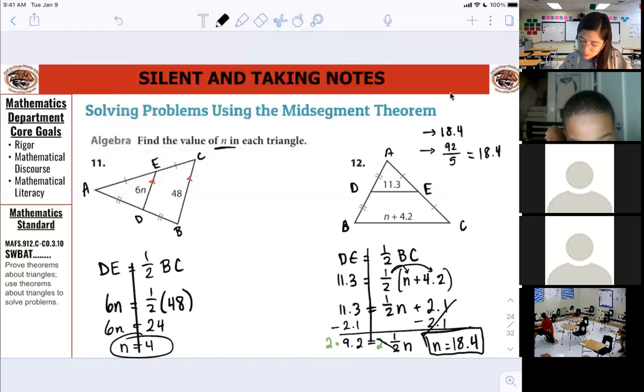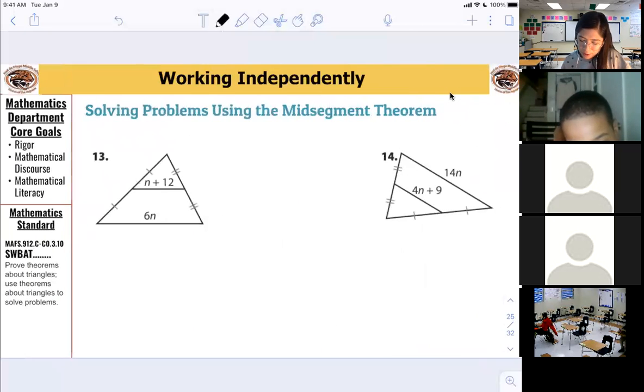Okay. All right. So that's a couple of problems. Now here's a couple for you guys to do on your own. I'm going to put 5 minutes on the clock. 5 minutes to work these out. See what you get for n for both problems.